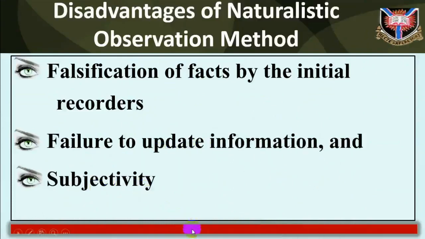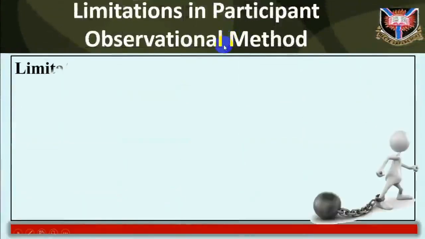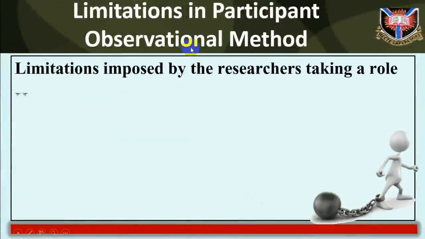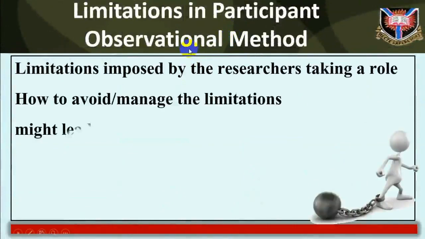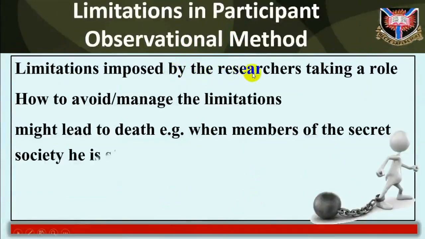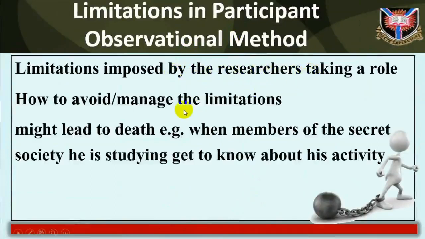It should be noted, however, that there are some limitations in participant observation method. These include the following. 1. Limitations imposed by the researcher taking a role. The researcher, by virtue of the very fact that he plays a role in the group, may impose certain restrictions upon his own understanding of the situation, once the observer becomes a full-fledged member of the group.